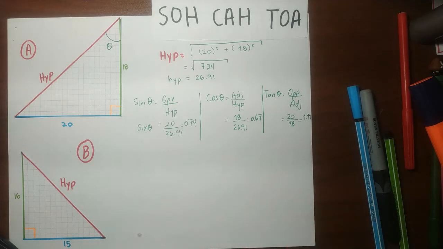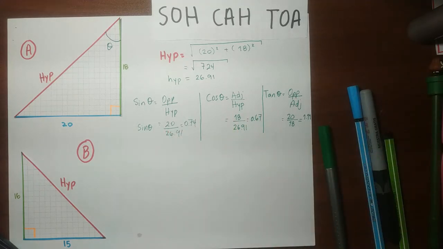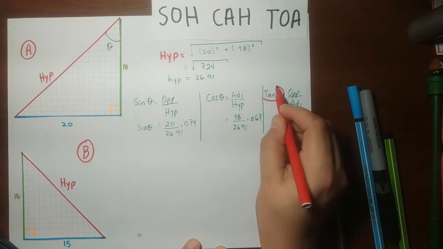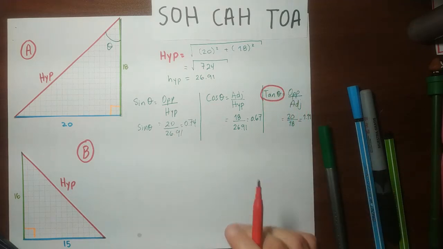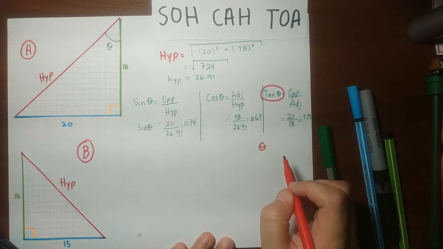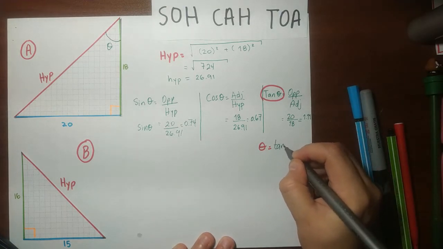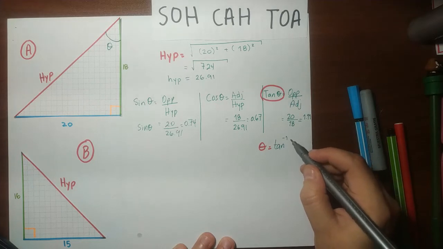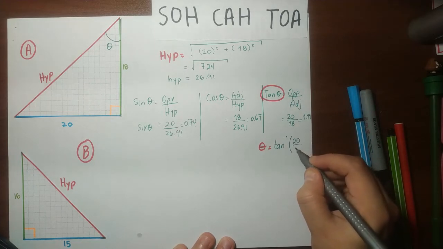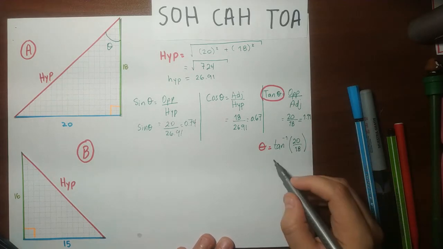But what if I say I want to calculate my angle? To calculate the angle in physics, you can use any of them. But in physics, we're going to use the definition of tangent. So this angle right here is equal to arctangent of 20 divided by 18, opposite over adjacent.